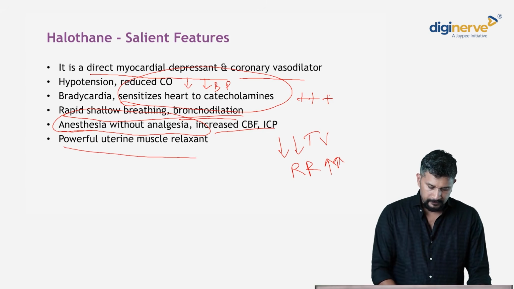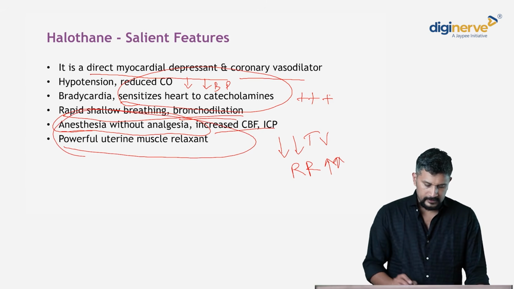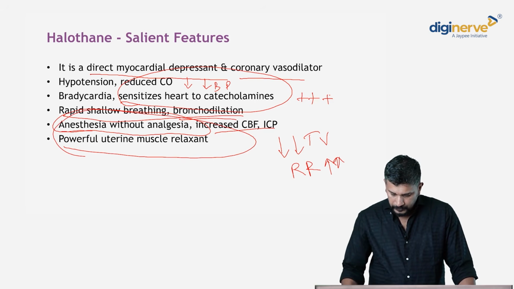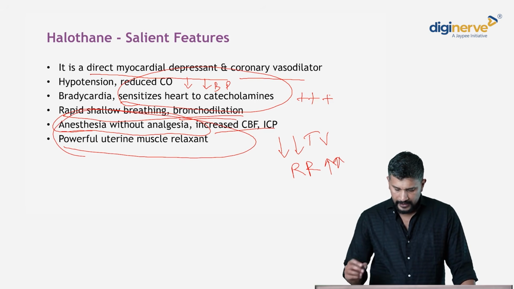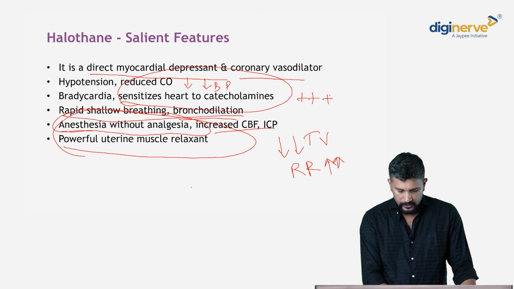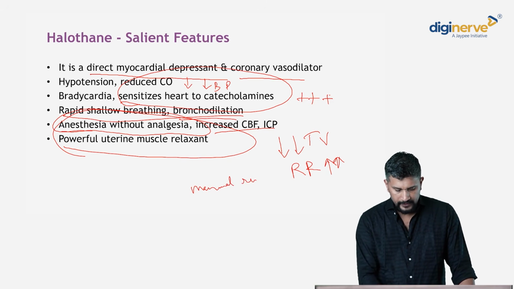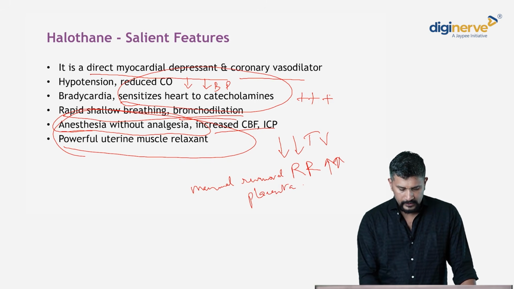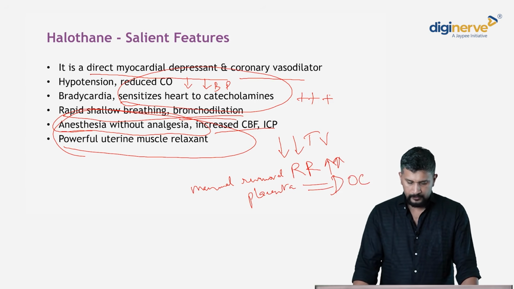It also causes powerful uterine muscle relaxation. So this becomes the agent of choice for manual removal of the placenta. Again, this is something which is very commonly asked in your entrance exams. Please do remember that halothane is the drug of choice for manual removal of your placenta.